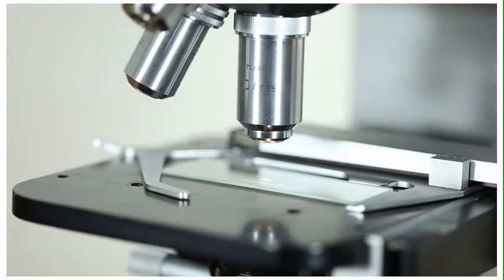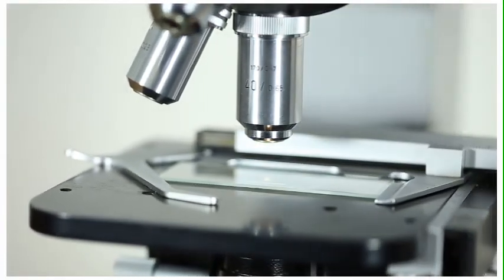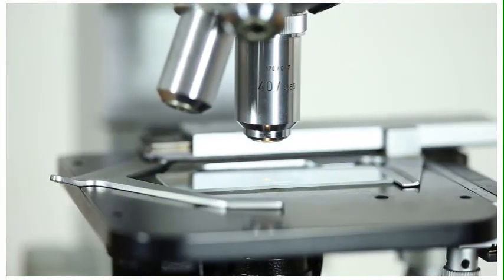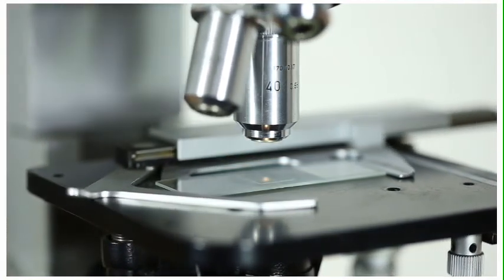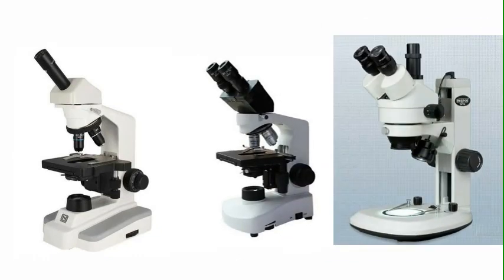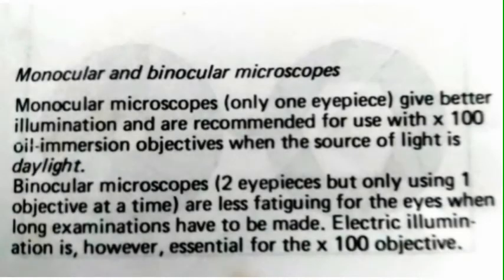So these parts of the microscope are described here, and microscopes are of three types: monocular, binocular and trinocular. A monocular microscope has only one eyepiece, gives better illumination and is recommended for use with the 100x oil immersion objective when the source of light is daylight.